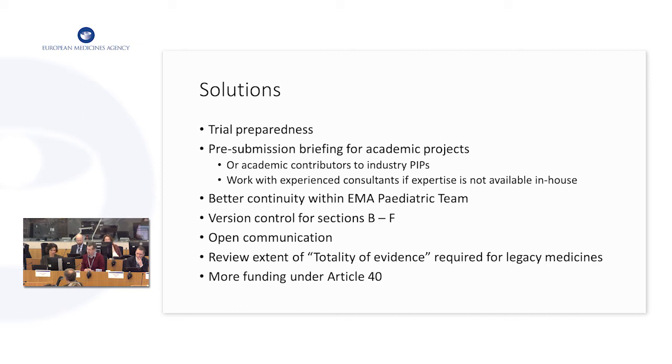Version control, even more open communication, because when that does happen, it's valued highly by the teams and improves the quality of the research. And then review the extent of the totality of the evidence required for regulatory judgments about legacy medicines. And I'll repeat, please let's work towards more funding for off-patent medicines under Article 40 of the regulation.